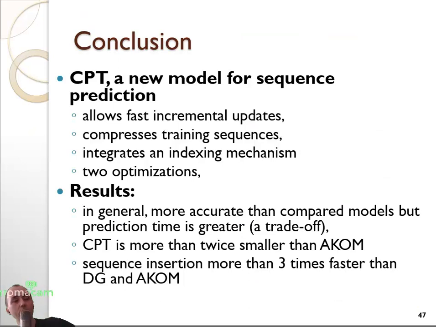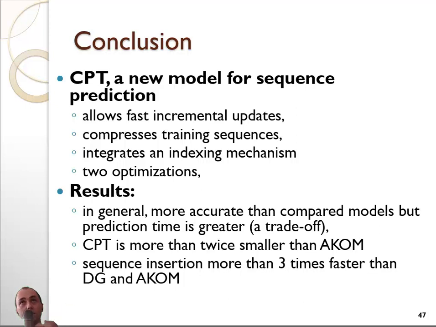Okay, so in conclusion, in this paper where we presented CPT, we designed a new model to do sequence prediction. The idea is that we want a model that is lossless, or if we lose some data, we want to control how much. And we want to use as much data as possible to make an accurate prediction. The model can be incrementally updated if there are new sequences.